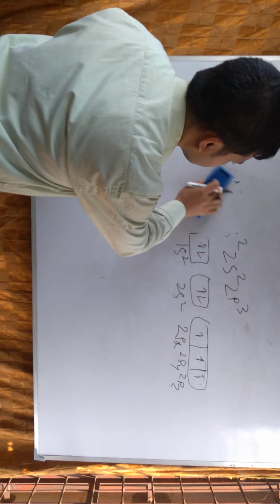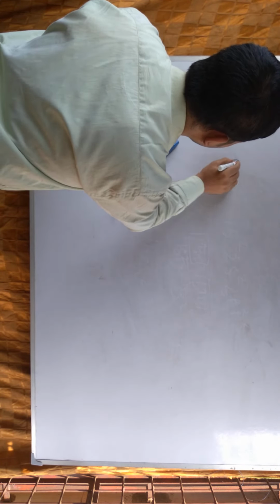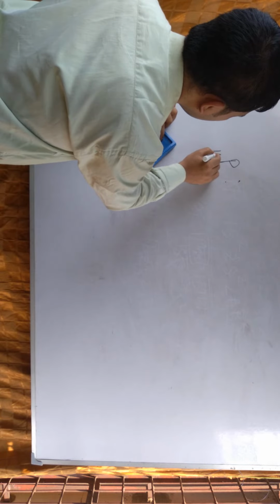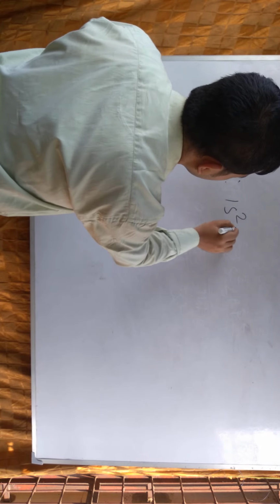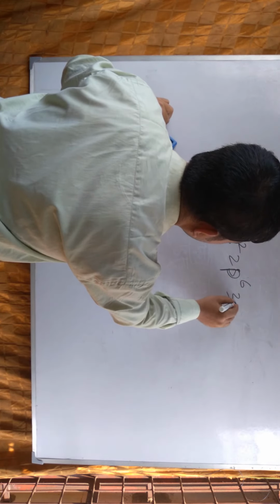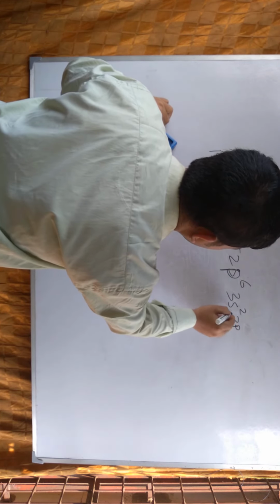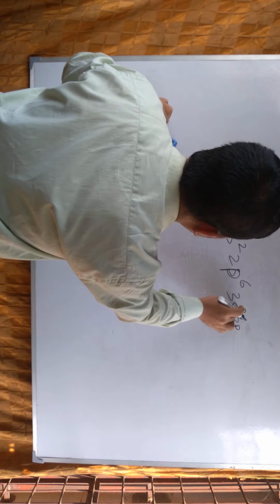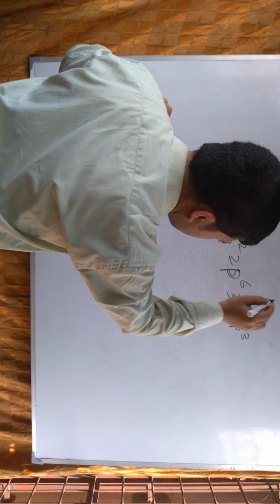And for the electronic configuration of phosphorus, having atomic number 15, we can write 1s2, 2s2, 2p6, 3s2 and 3p3.